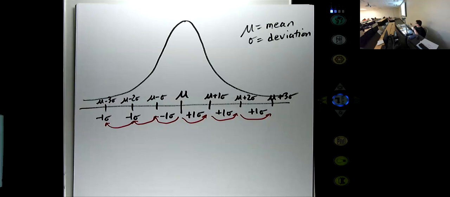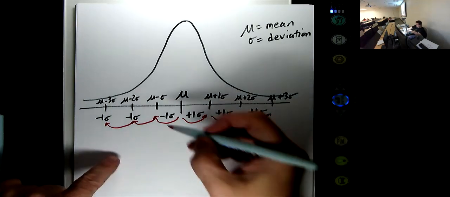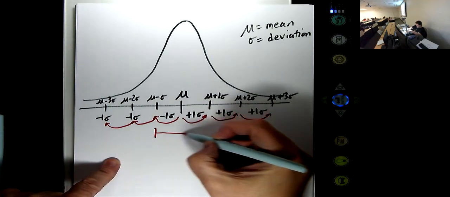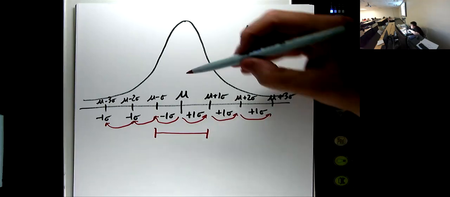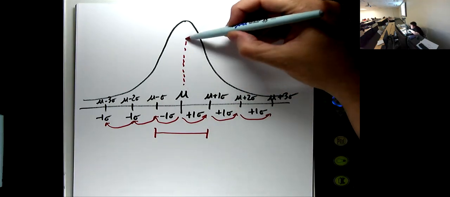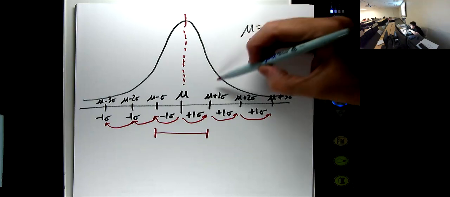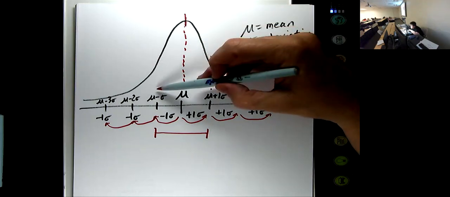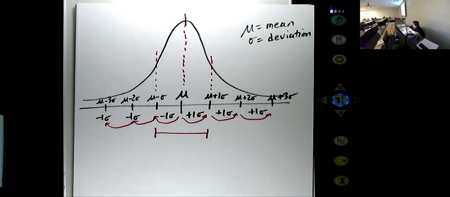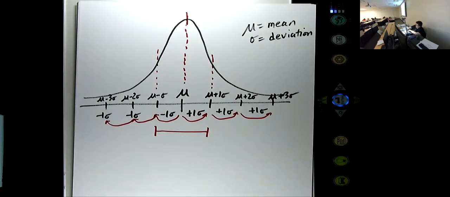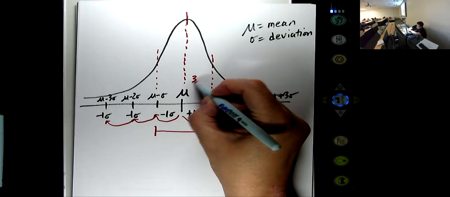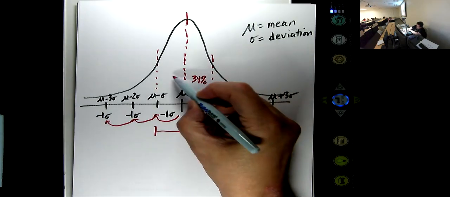Picture the histogram in here. We got a bunch of columns, and this is a curve overlaying the columns. We're going to look at this range right here. The mu is the top of the peak. And the first deviation in either direction should be 34% of the area.